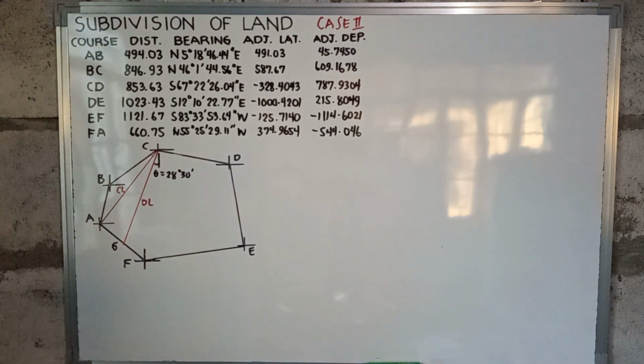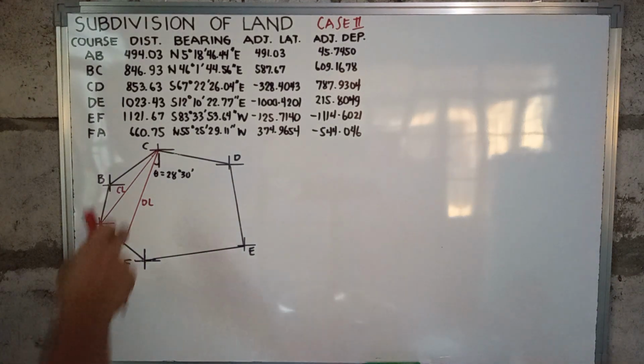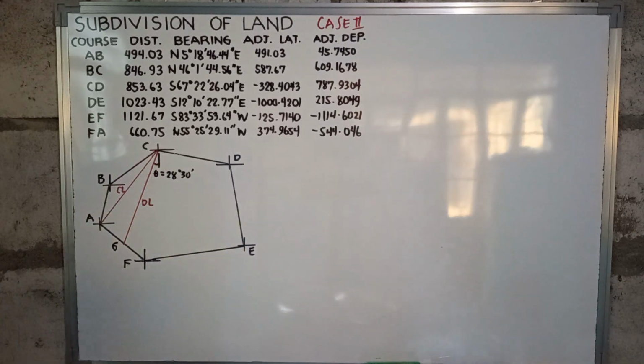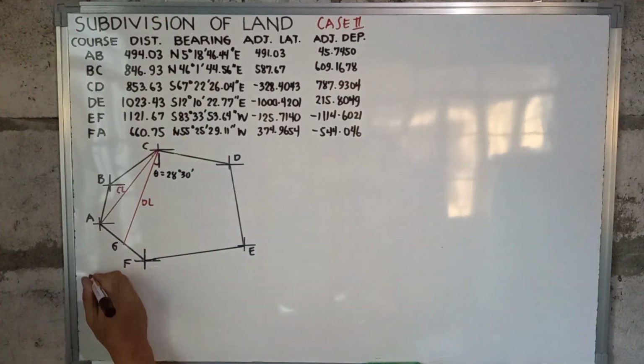So, para makuha natin yung value ng CL natin, or let's say yung CA natin is the length from C to A, that is our CL. Gagamitin natin yung summation latitude is equals to 0 and at the same time summation departure is equals to 0. So gamitin muna natin yung summation latitude is equals to 0.